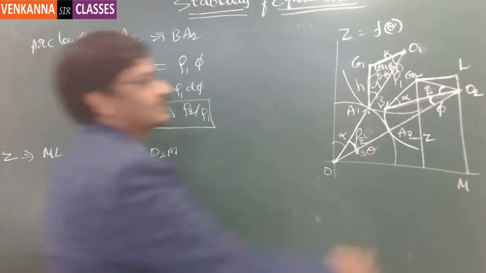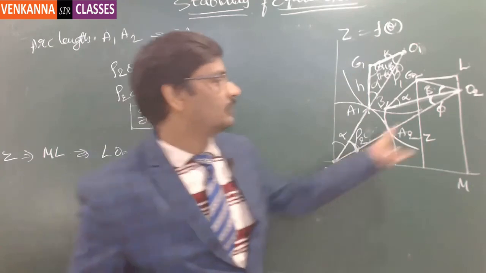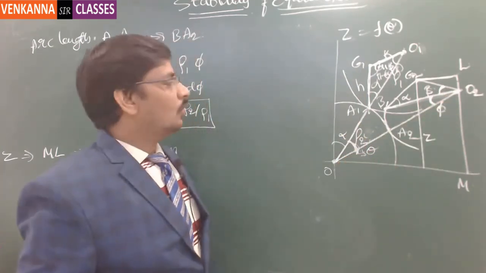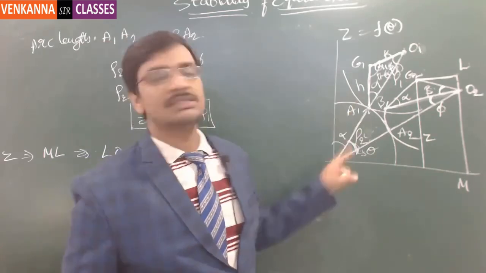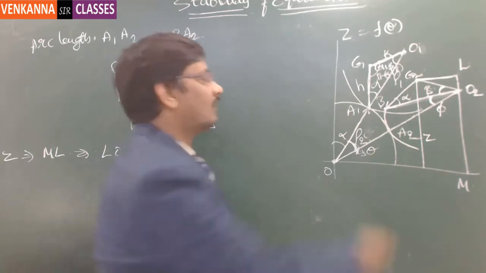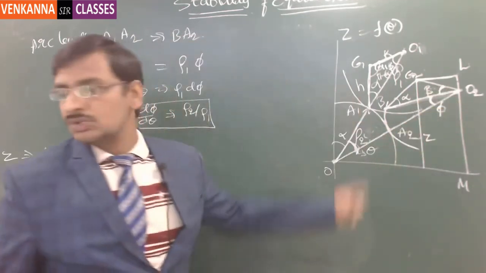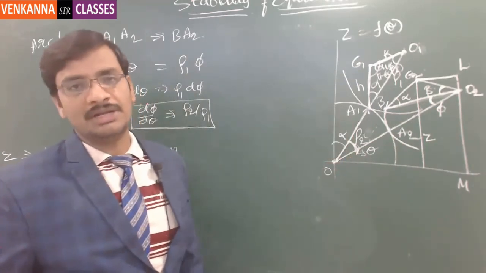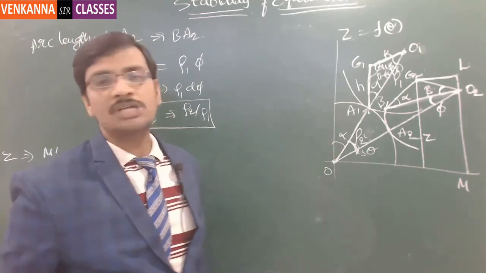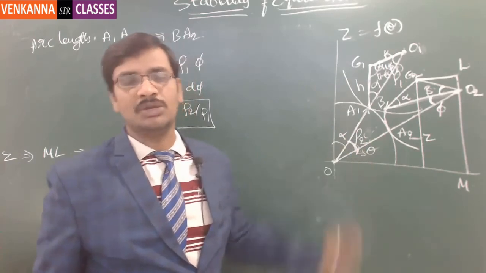O2M is this height, and this height I can express as a function of rho 1 plus rho 2, because in the problem statement what is given is only this angle alpha and the radius of curvature values. But we have introduced many other variables like alpha, beta, phi and theta. All these variables are intermittently coming, so down the line we need to eliminate them. As and when there is a possibility of using the given constant values, we can make use of that.